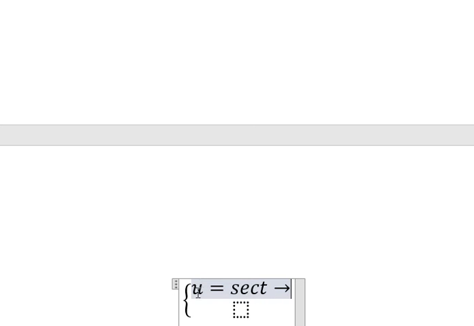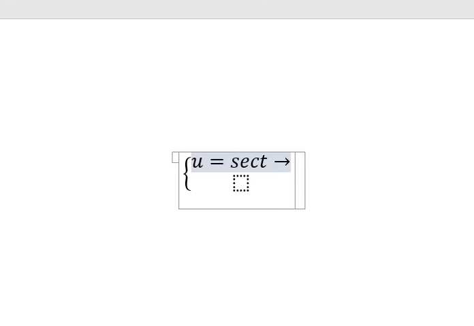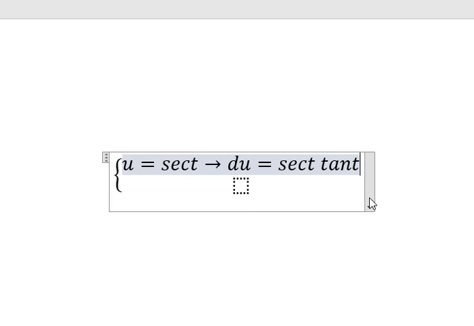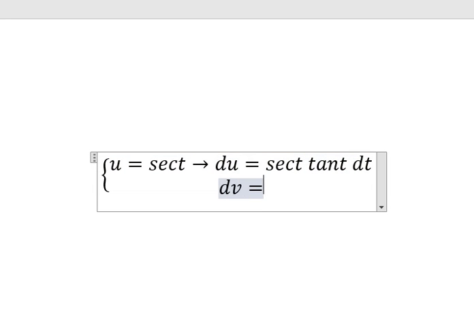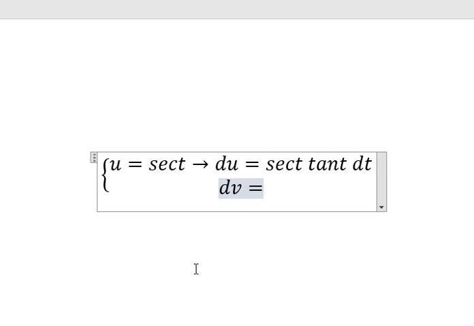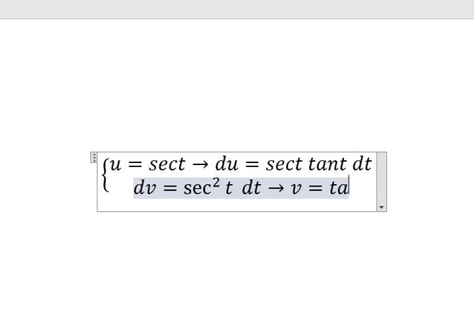Later that we do first derivative for the both sides. And we have secant of t tan t dt. dv, we have secant of t square dt. The integration of this one, we have v equals to tan t.